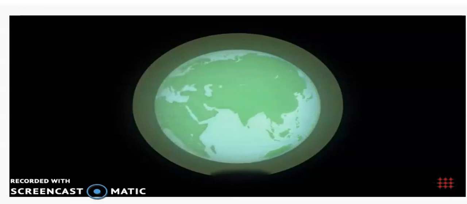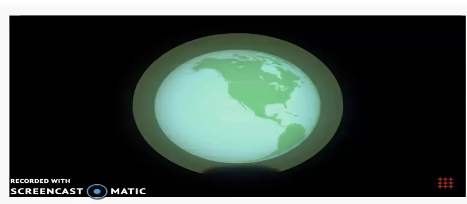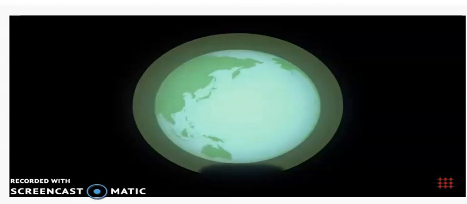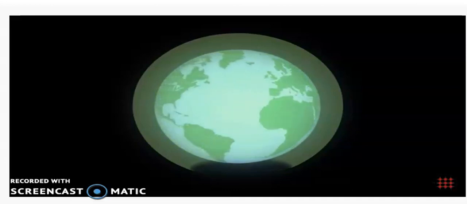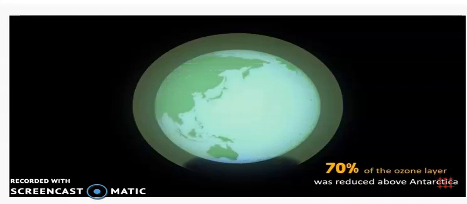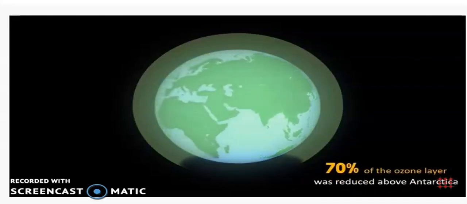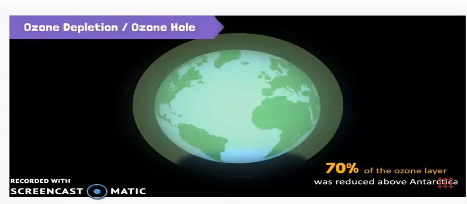But due to human activities, this protective layer is in danger. In the 1980s, scientists discovered that the amount of ozone gas in the Earth's atmosphere had decreased. It was also reported that 70% of the ozone layer was reduced above Antarctica. This reduction of the ozone layer was referred to as ozone depletion or the ozone hole.